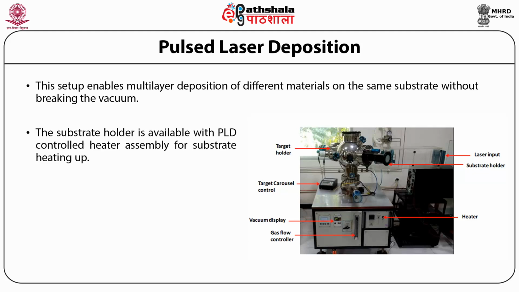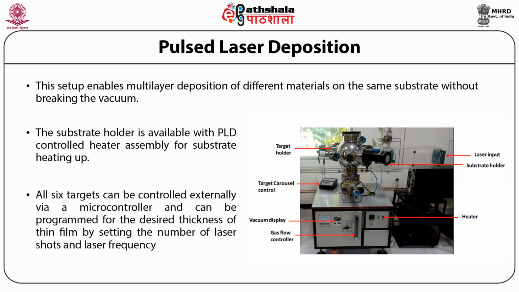The substrate holder is available with a PLD controlled heater assembly for substrate heating. All 6 targets can be controlled externally via a microcontroller and can be programmed for the desired thickness of thin film by setting the number of laser shots and laser frequency.